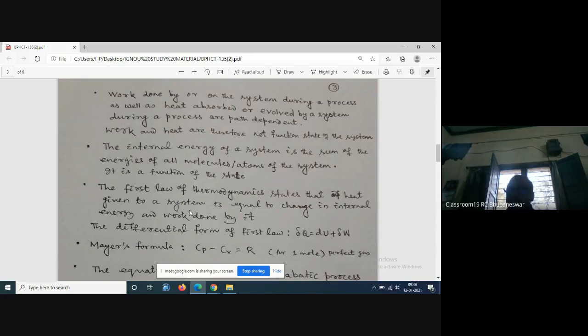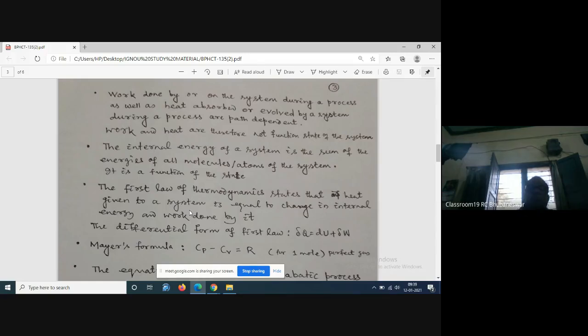That is very important. When the exact relation between them, or the equation of state, is not known and you have to find out the work done, in that case this PV diagram, or you say the indicator diagram, is very useful, because the work done is the area below the curve, right?